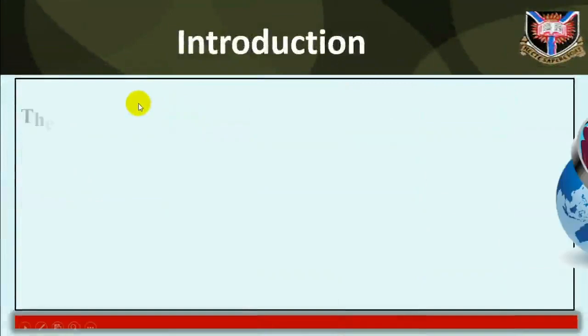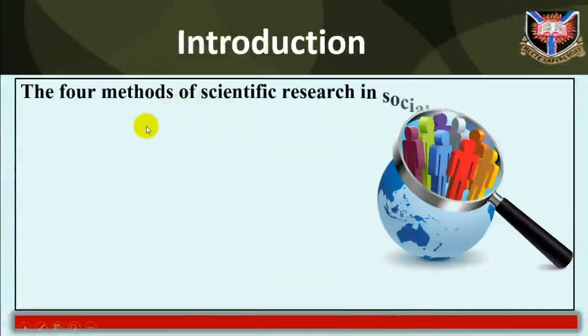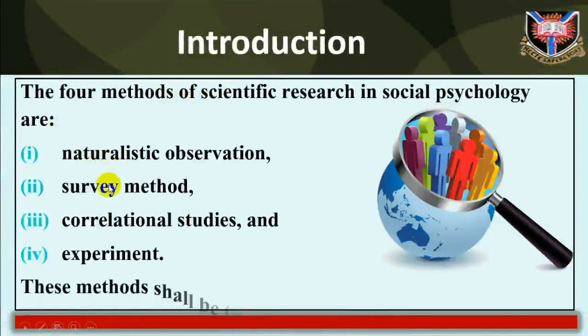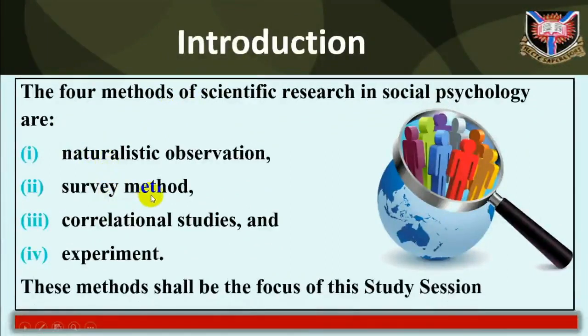The four methods of scientific research in social psychology are naturalistic observation, survey method, correlational studies, and experiment. These methods shall be the focus of this study session.